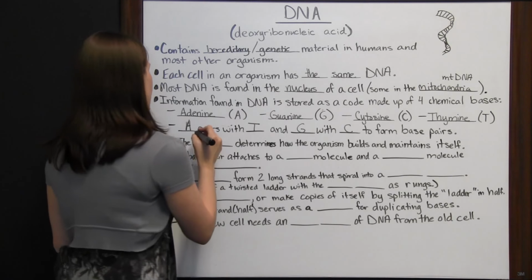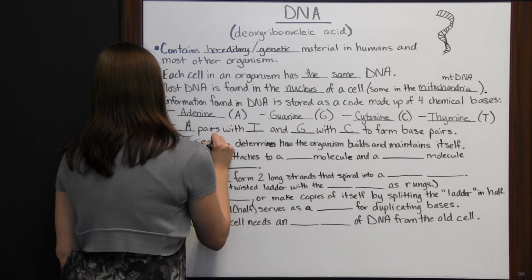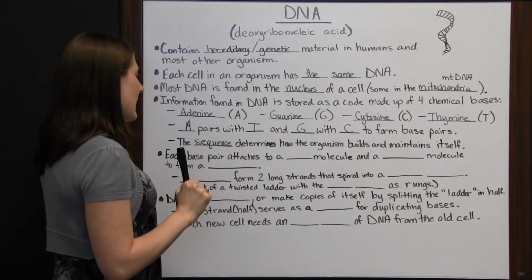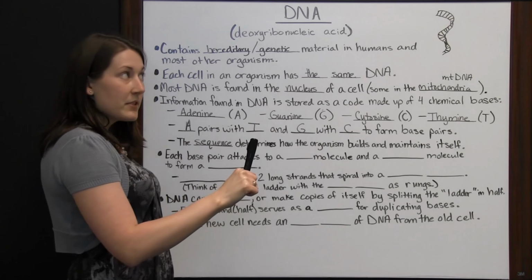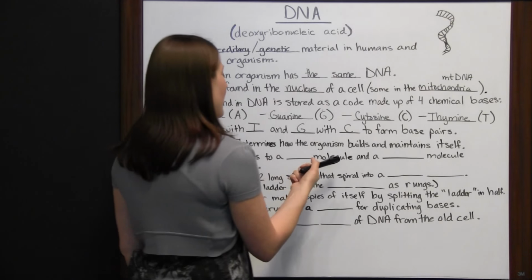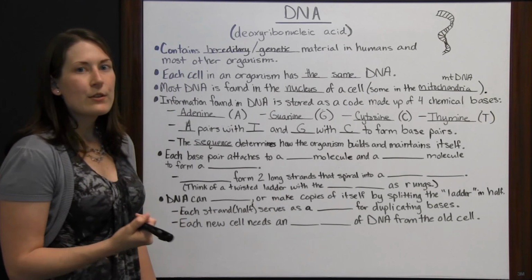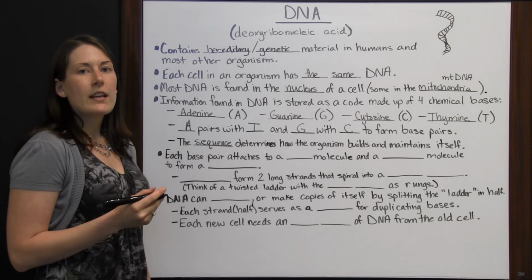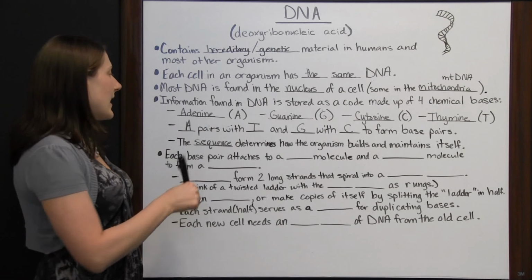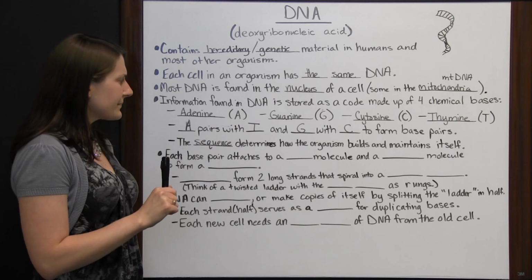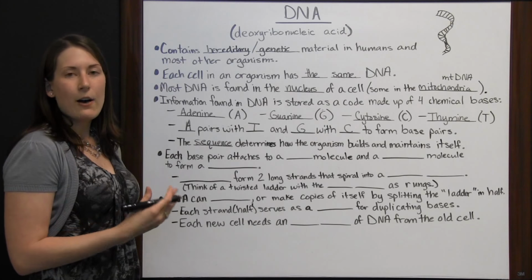The sequence of the adenine, thymine, guanine, cytosine pairs determines how the organism builds and maintains itself. So it's important to think about this. Not every organism or every person is going to have the exact same sequence of base pairs. And you might think of the alphabet.